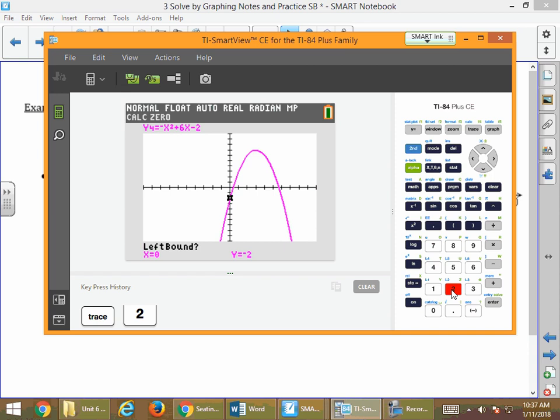So I'm going to press enter. I'm not even going to move it. But then let's use our arrow button, and let's go a little bit to the right of that. Press enter. So somewhere in between these two arrows up here, we can only see one of the dotted lines. I'm going to press enter one more time. And it looks like we get 0.3540.